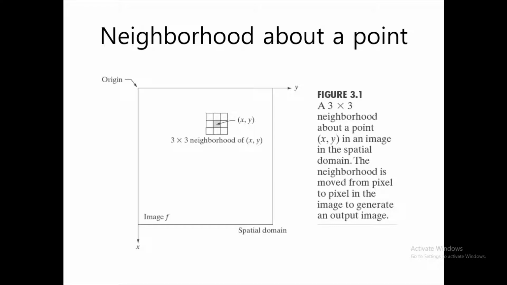The neighborhood of this point is a square sub-image around it, and this particular one is a 3 by 3 neighborhood, centered around the pixel at location (x,y) in the image f. However, the size of the neighborhood may vary depending on the application. It may be 5 by 5, 7 by 7, or 9 by 9, and so on.